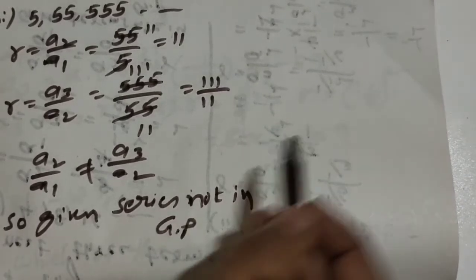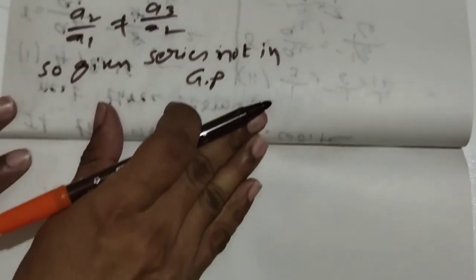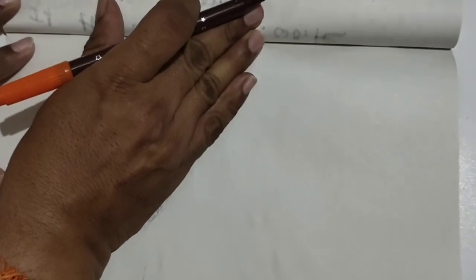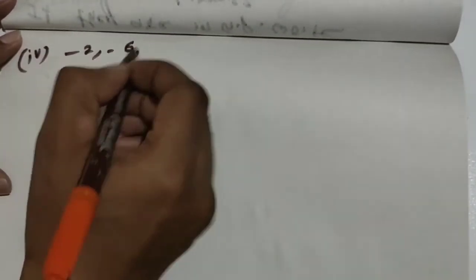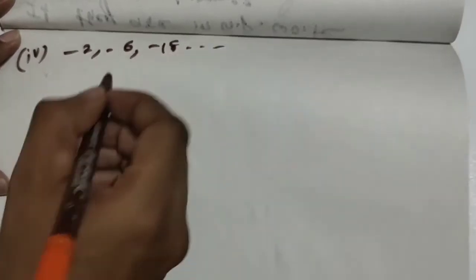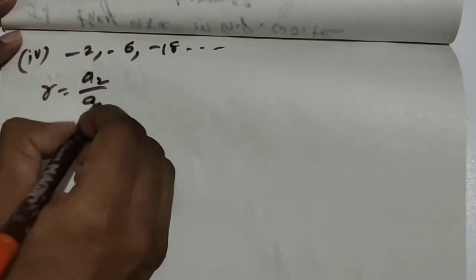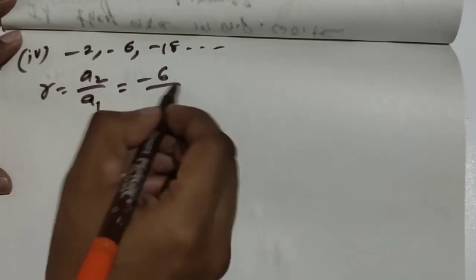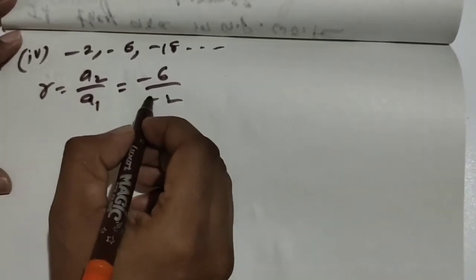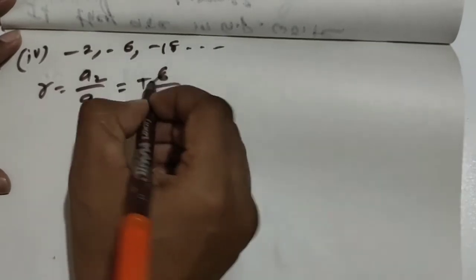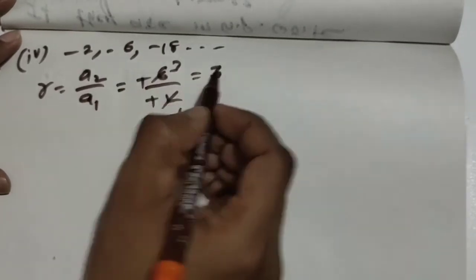Okay, and then next, -2, -6, -18, up to so on. So here also find our value, that is a2 by a1. Simply we can write it as -6 by -2. So here minus gets cancelled, 2 3s are 6, so we got 3.